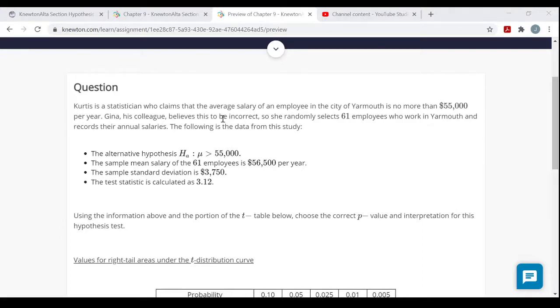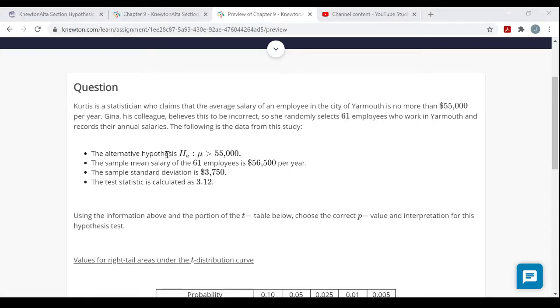Her belief is that the average salary of all employees in the city is more than $55,000. So she randomly selects 61 employees who work in Yarmouth and records their annual salaries. The following data is from the study.